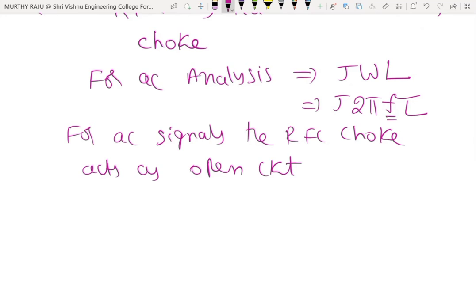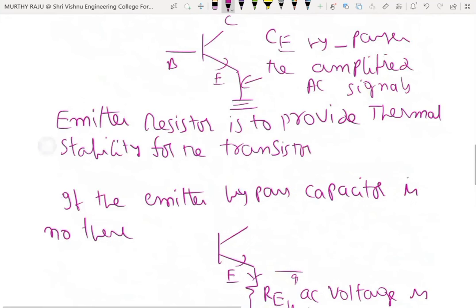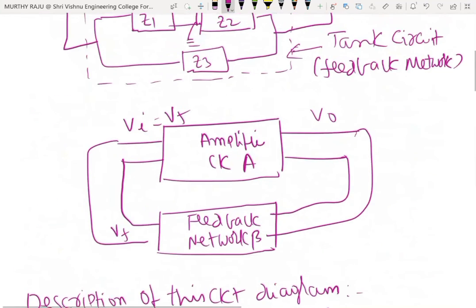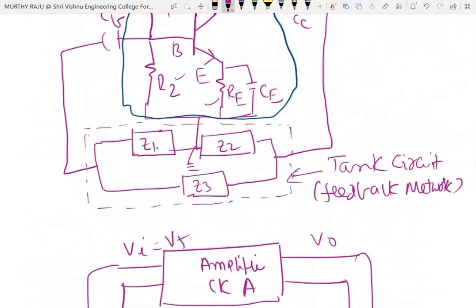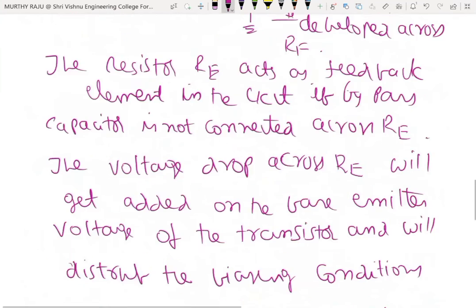Tank circuit is there in this one. This is the tank circuit, which consists of 3 elements: Z1, Z2, Z3. Z1, Z2, Z3 are reactive elements.